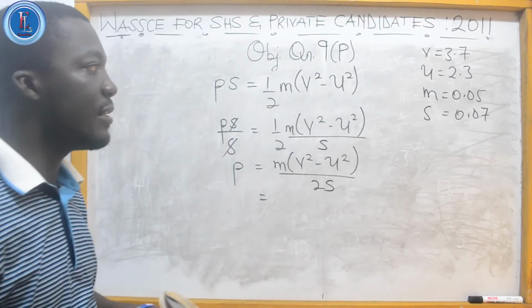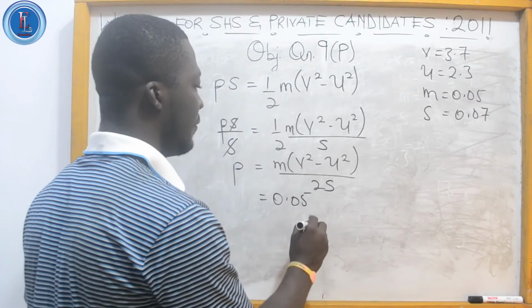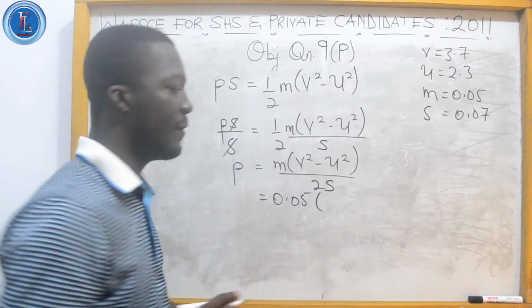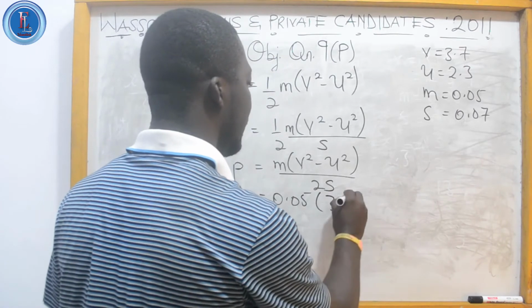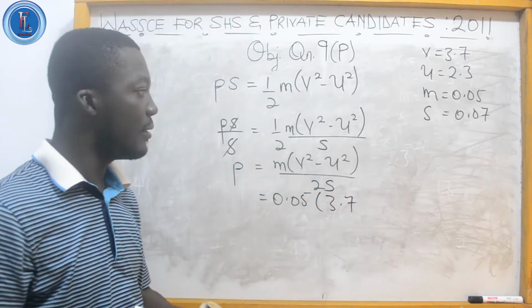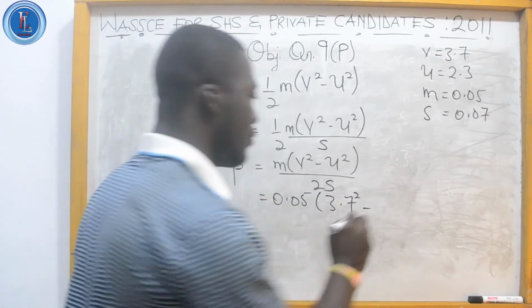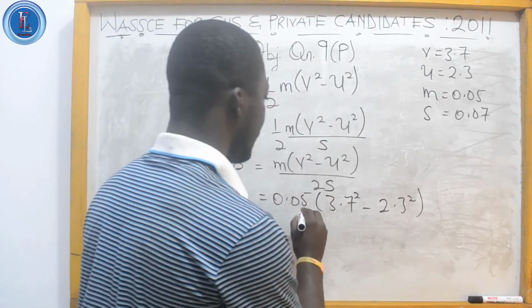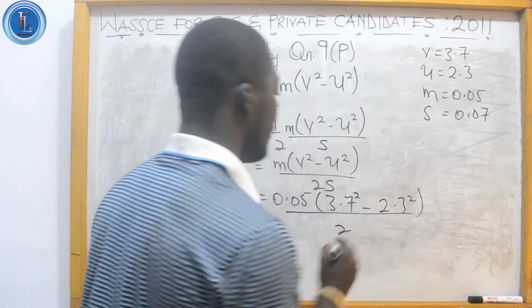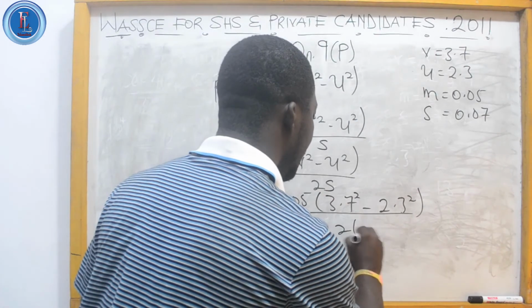We know that the value of m is 0.05 into bracket v is 3.7, and so v square minus u square. U is 2.3 square, all divided by 2, and the value of s is 0.07.